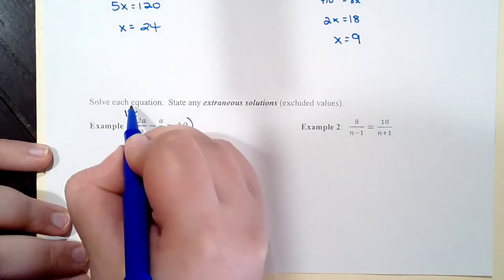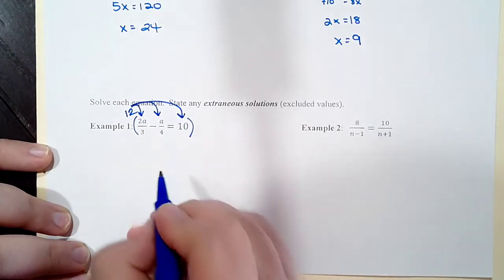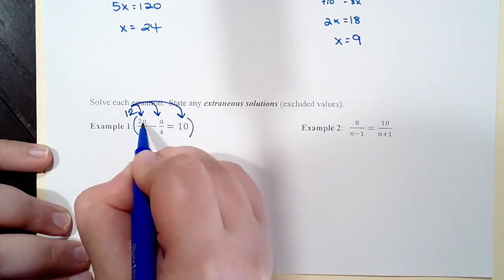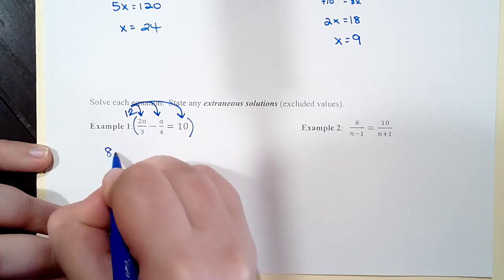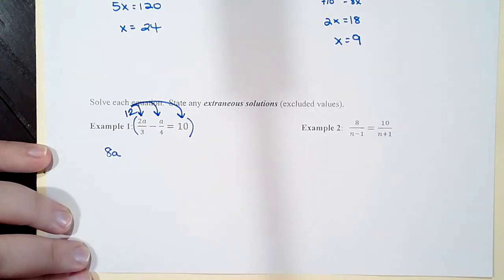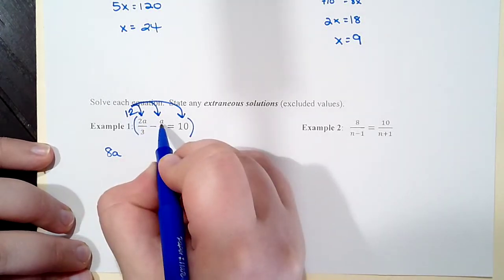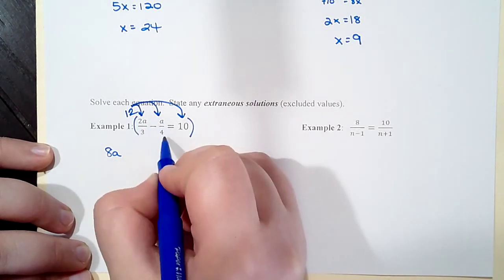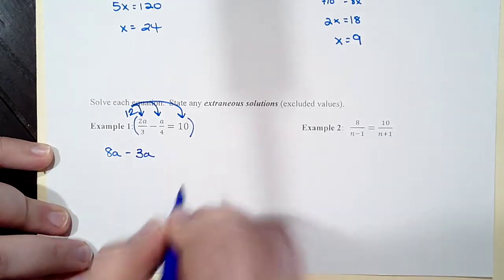Well, when I multiply 12 into all three terms, it's another way of simplifying. 12 times this is going to be 24a over 3, or just 8a, because 24 divided by 3 is 8. 12 times this second term is 12a divided by 4, or minus 3a.